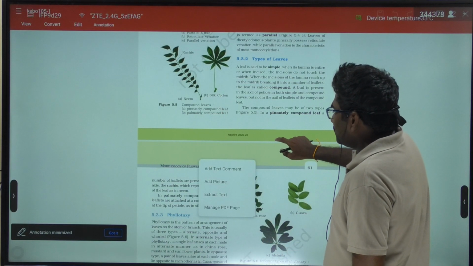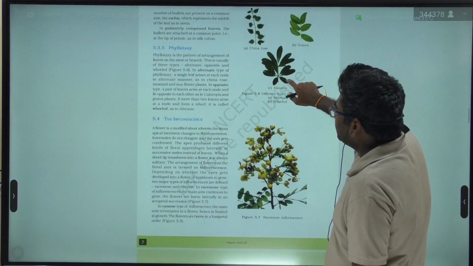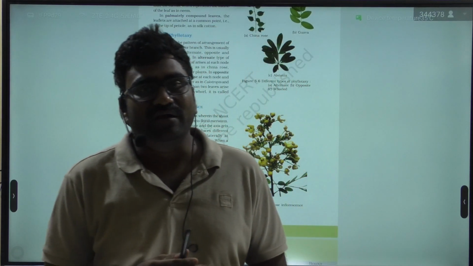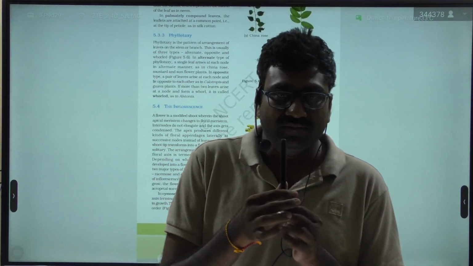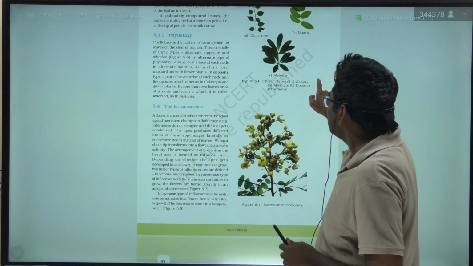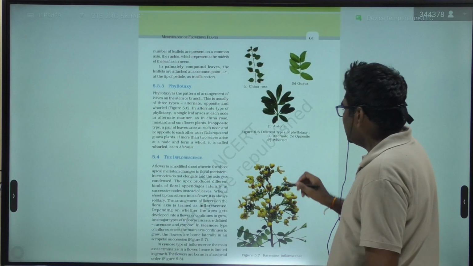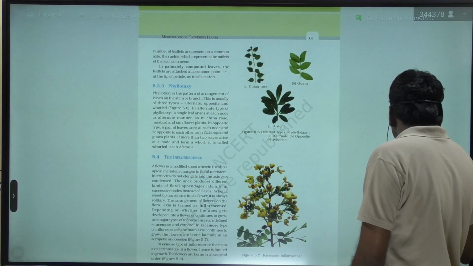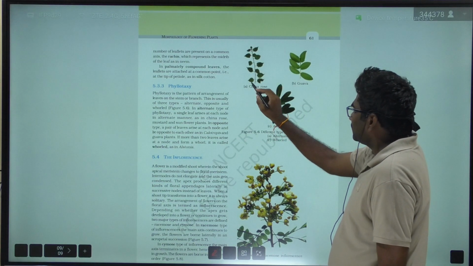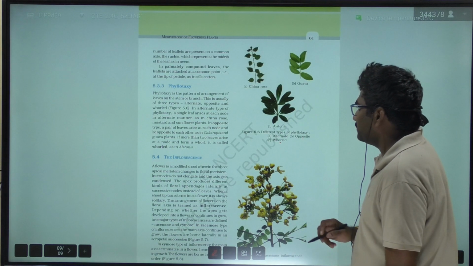Right. Next, phyllotaxy. Phyllotaxy means nothing but the pattern of arrangement of leaves on the stem. Mainly three patterns are there: alternate, opposite, and whorled phyllotaxy.